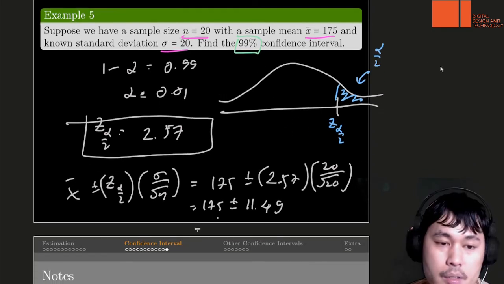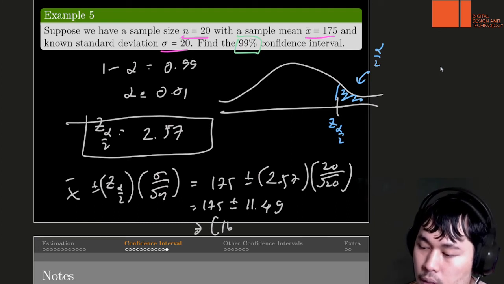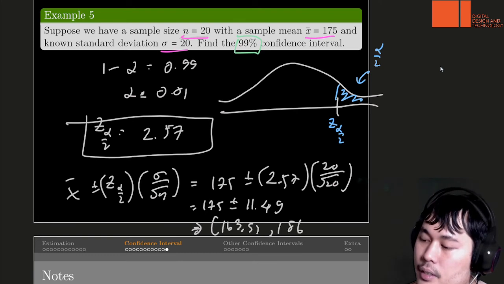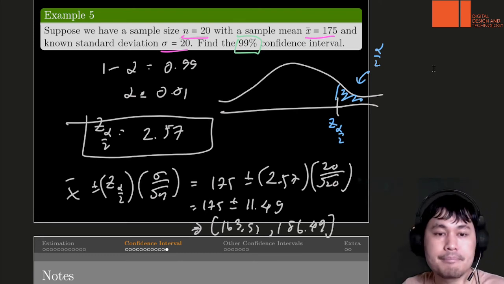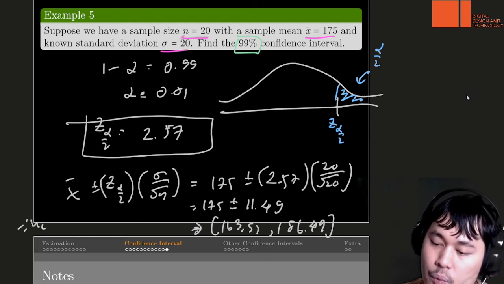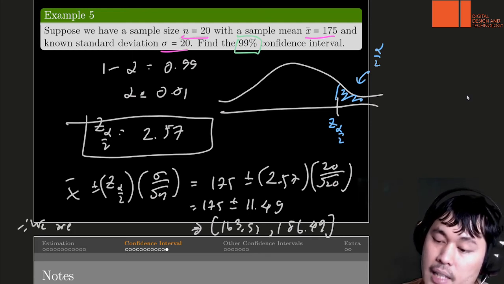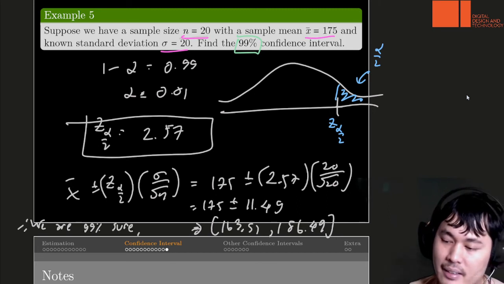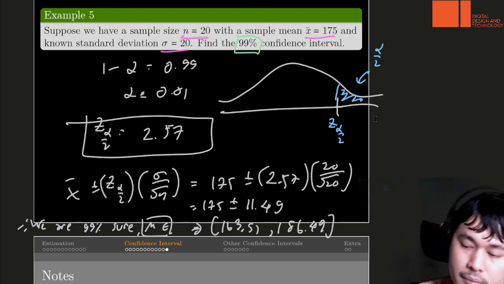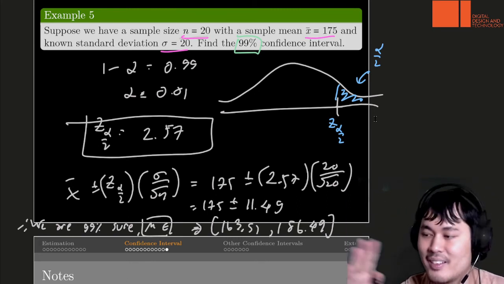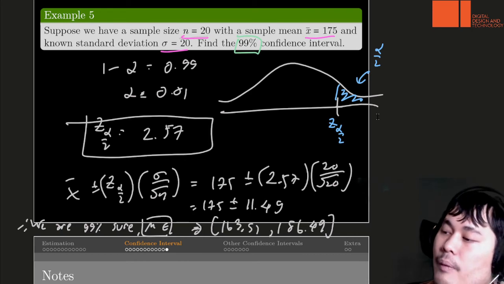And the range is now 163.51 and 186.49. So again, the conclusion would be that, okay, we are 99% sure that the mu is inside this interval, and we increased our confidence because we increased the length, or increased the possible values for mu.